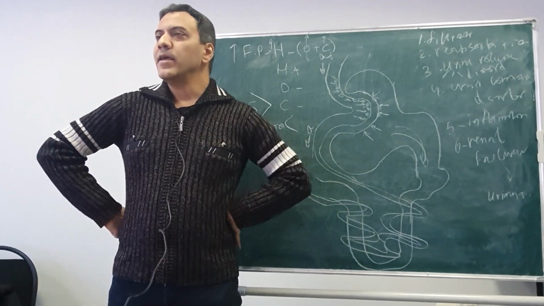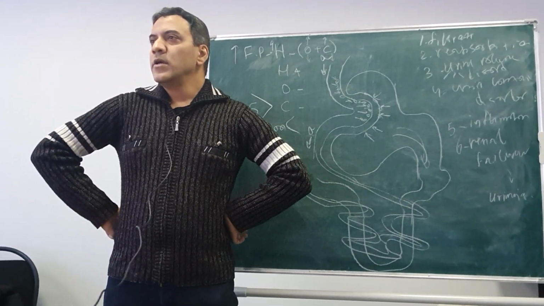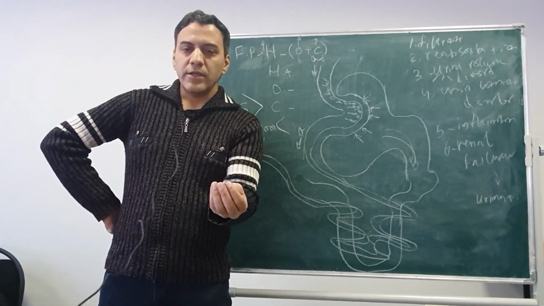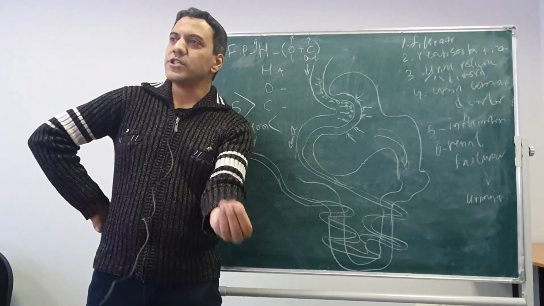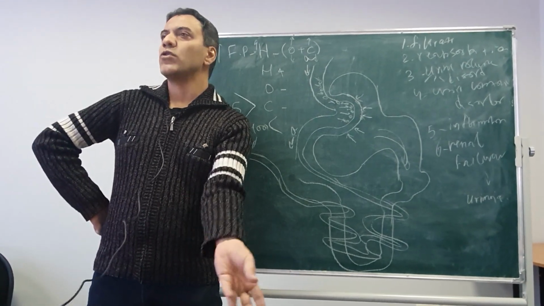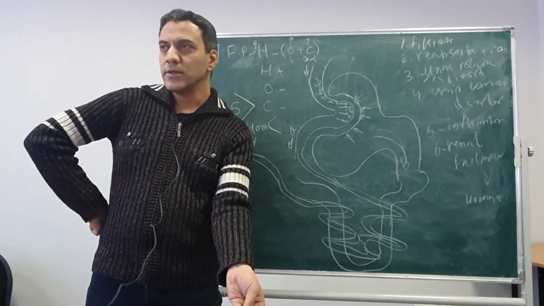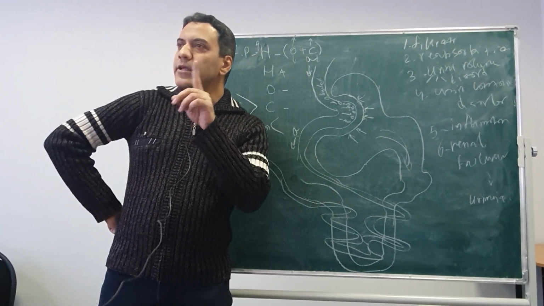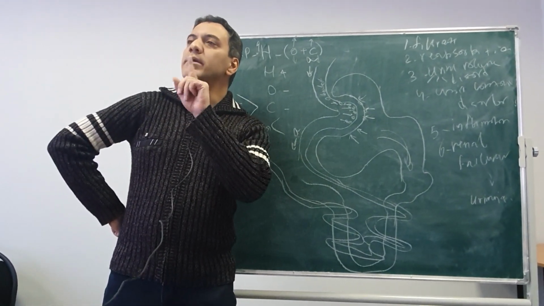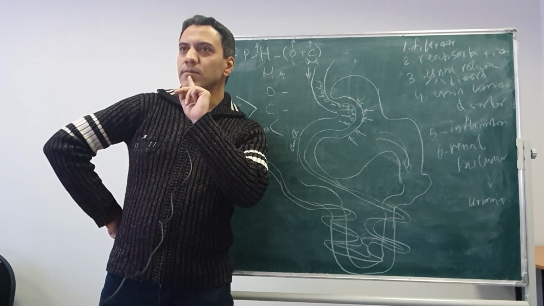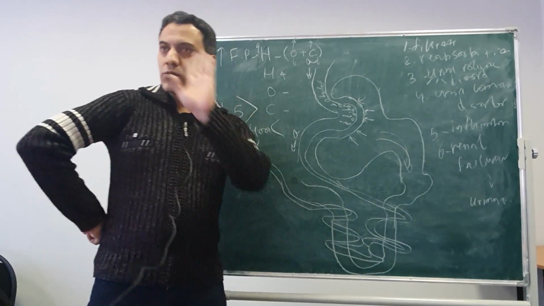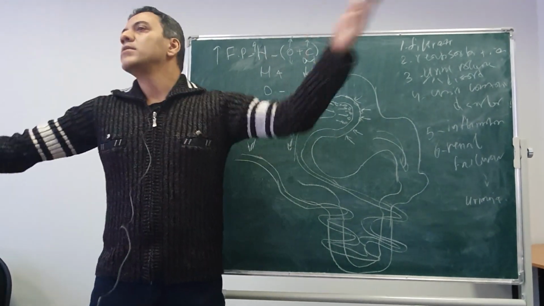Extrarenal hematuria, we can define it by the presence of fresh blood in the urine due to trauma, for example. Fresh blood, understood? Or in rare cases of coagulopathy, a coagulation problem, it can lead to hematuria. So hematuria, renal, extrarenal.